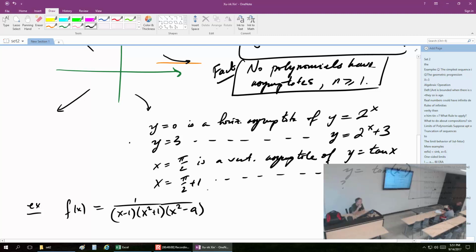Once again, the zeros of the denominator give the vertical asymptotes.